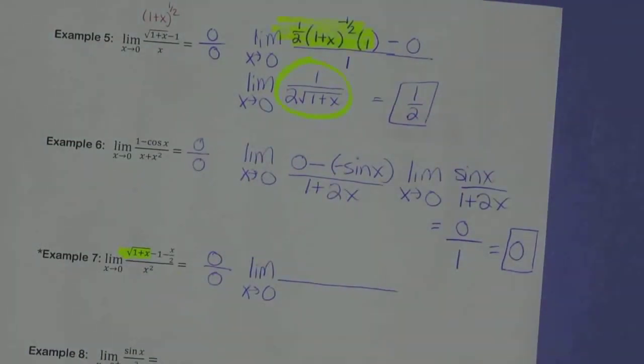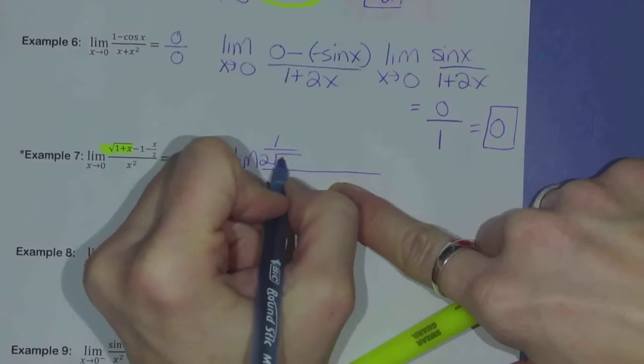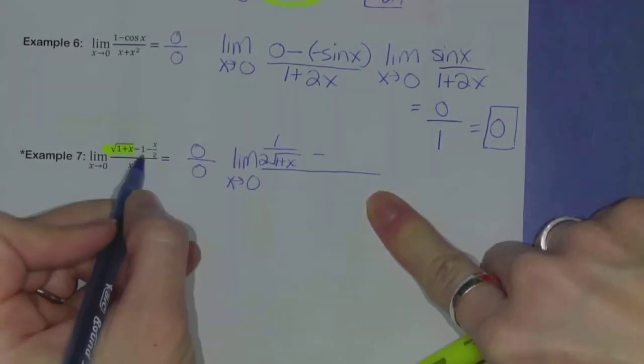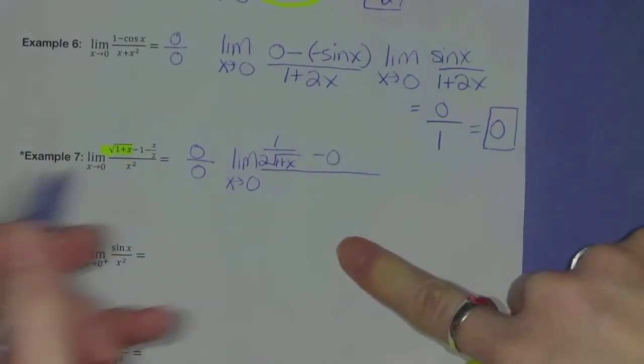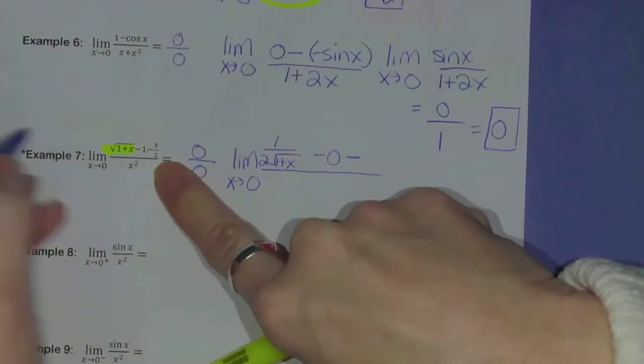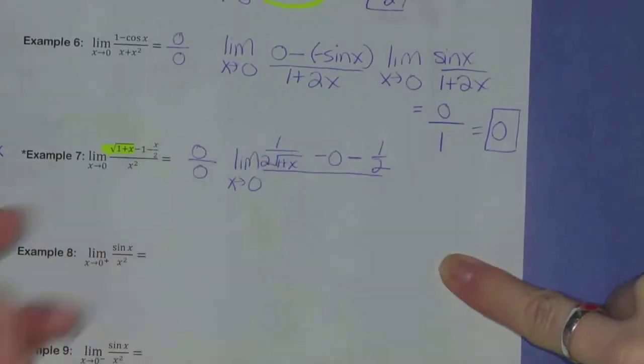So I'm going to steal that as 1 over 2 square root of 1 plus x, and then minus the derivative of this 1 is 0, minus the derivative of x over 2. Well, if you think of x over 2 as 1/2 x, then the derivative is simply 1/2.